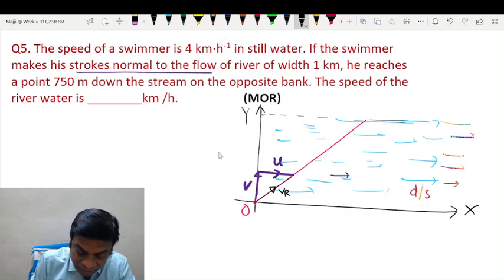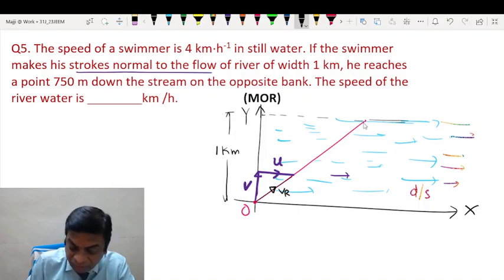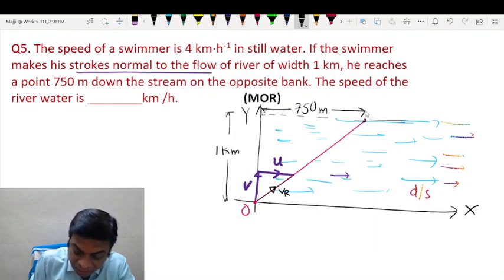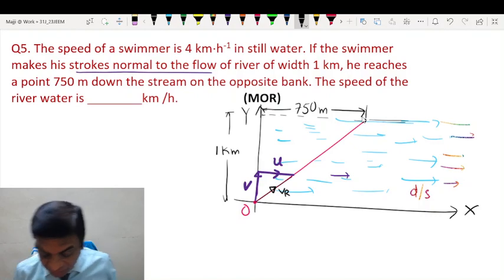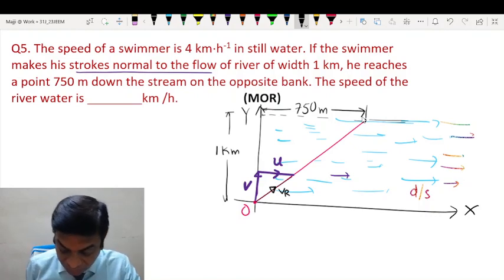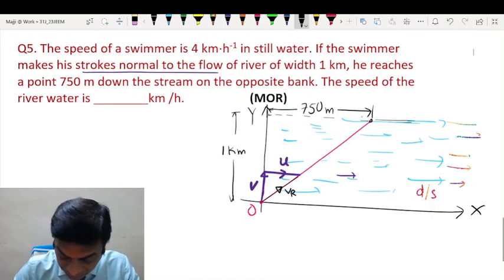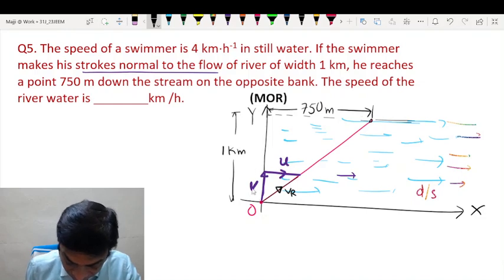It is given that the river is 1 kilometer wide. By the time he finishes his journey, he has already drifted 750 meters downstream. Now you can see that his own velocity is given as 4 kilometers per hour.